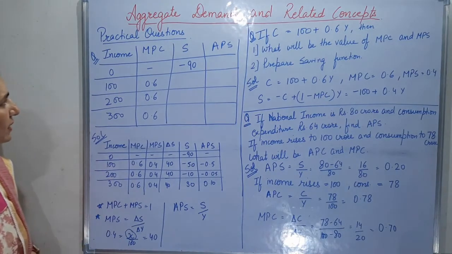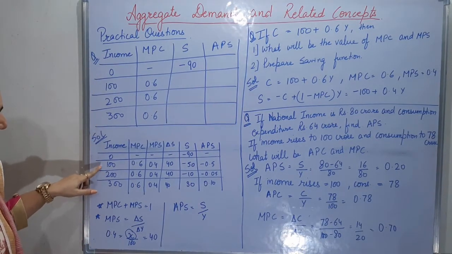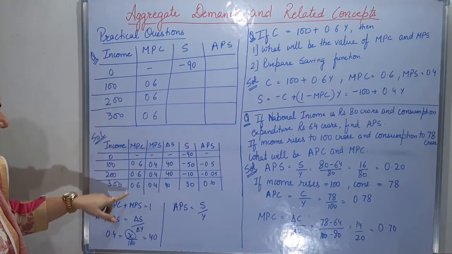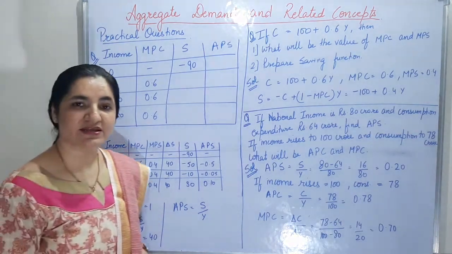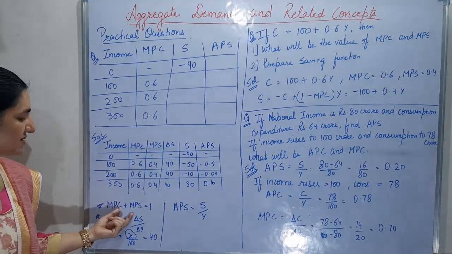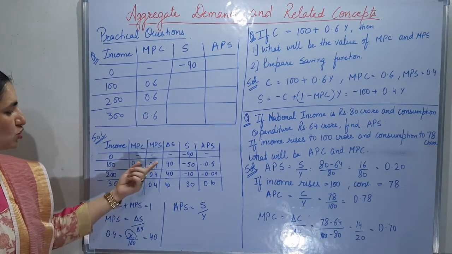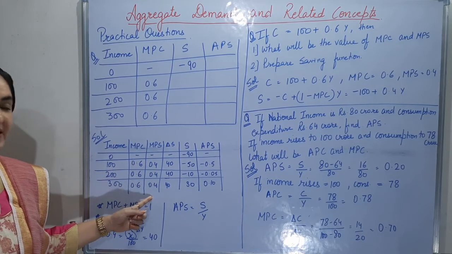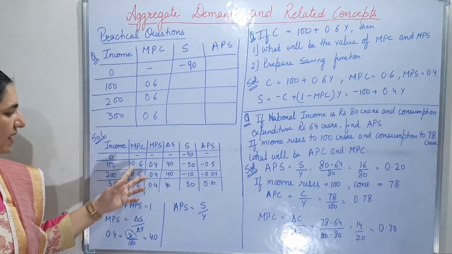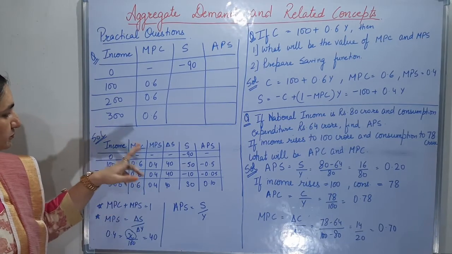So let us start. All the levels of income are given to us. MPC is given. As MPC is given, we can easily calculate MPS because MPC plus MPS is equal to 1. So 1 minus 0.6 is 0.4 and the same is carried forward at all the levels as both are same.